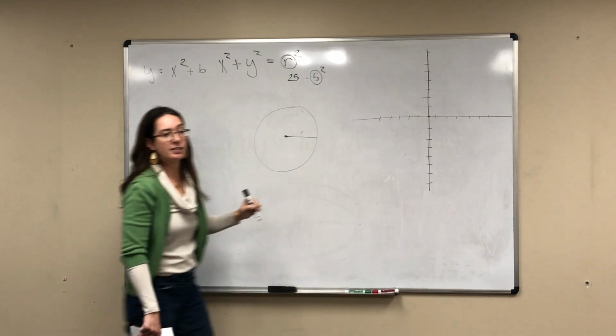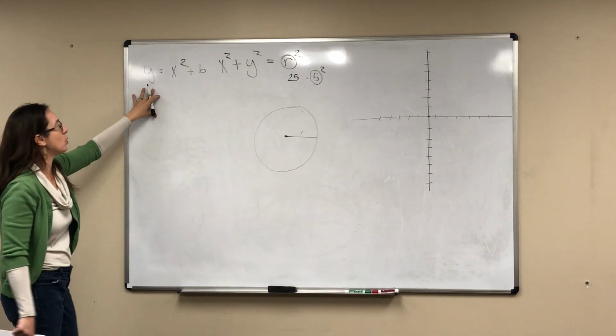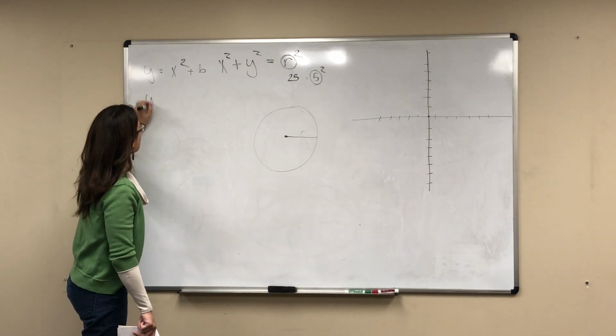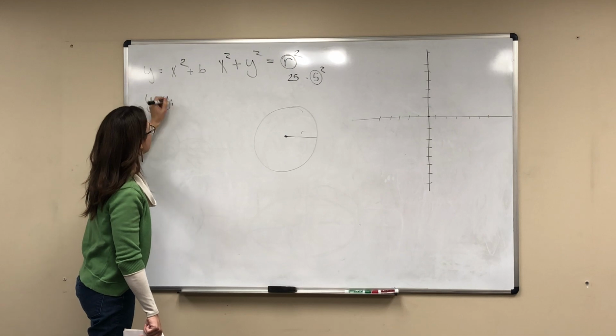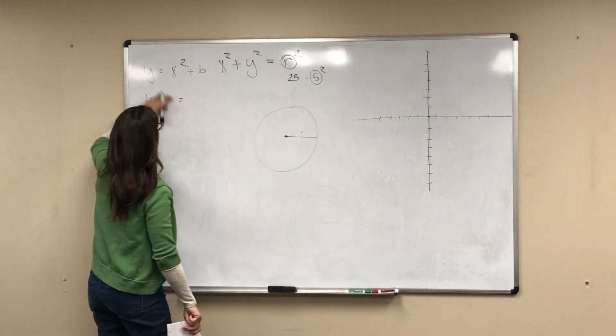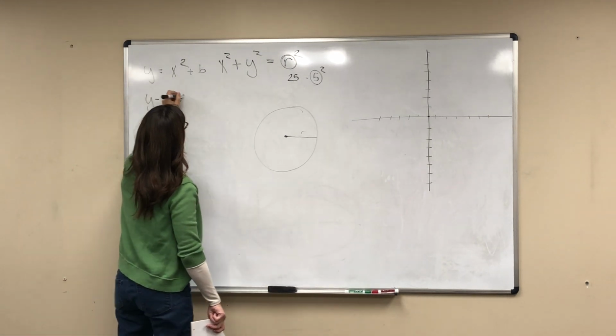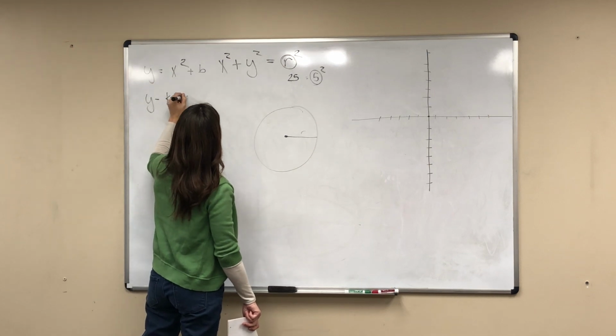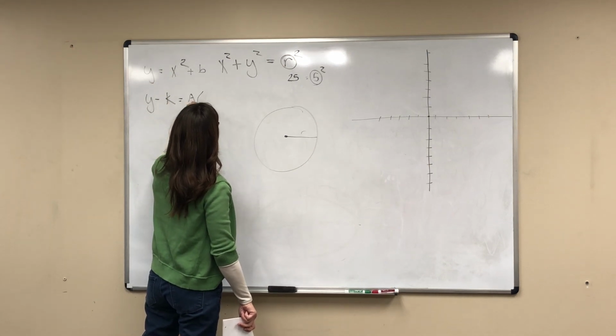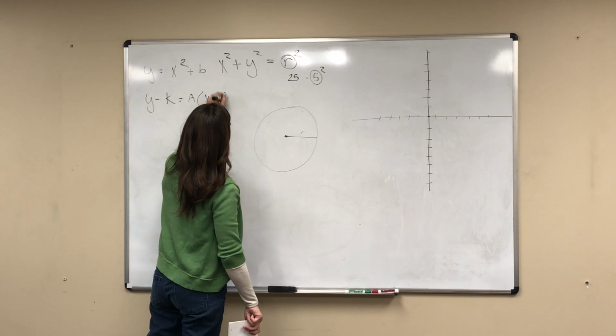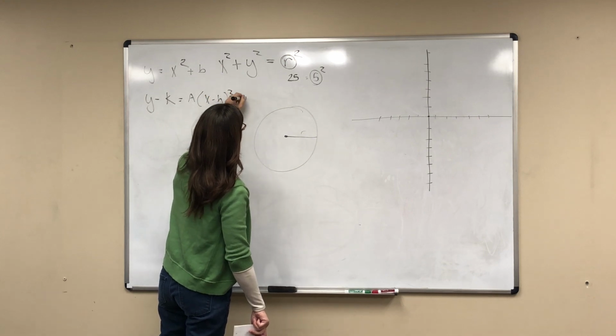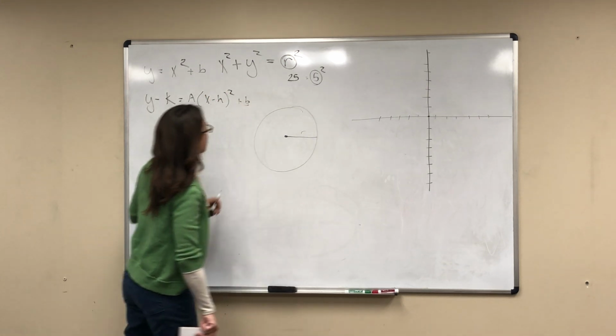It was located at the origin. So then, remember how we worked out y minus y1, or y minus k, equals our curvature, so big A, x minus h squared, and then plus whatever number that we had, right?